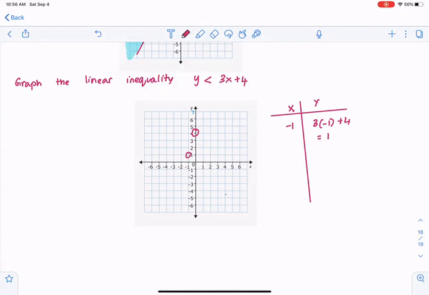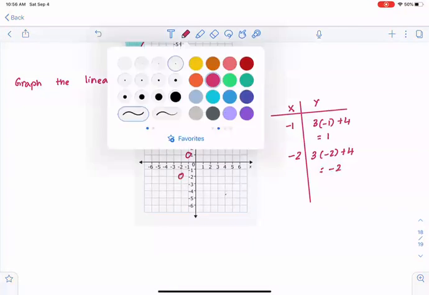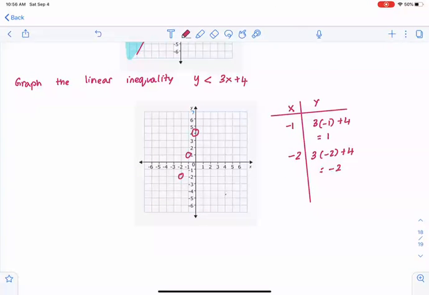If I plugged in -2, 3 times -2 plus 4 would equal -6 plus 4. I'll get -2. It's right there. All we have to do now is draw a dotted line through.